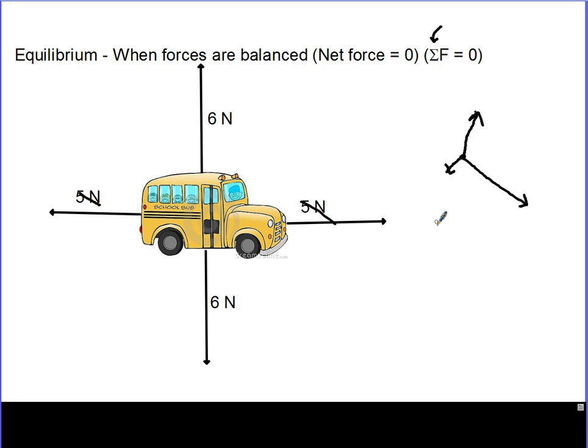This is a little more complex, although more real to life. You don't always have situations where everything is parallel or perpendicular to the direction of travel. For this class, most of you will only be dealing with situations like the school bus.